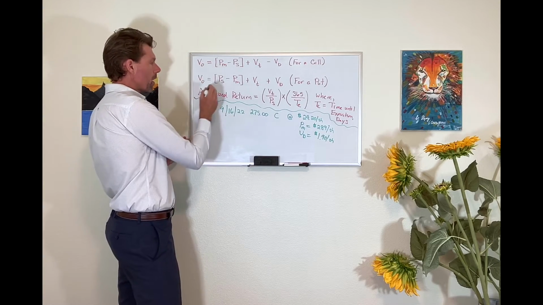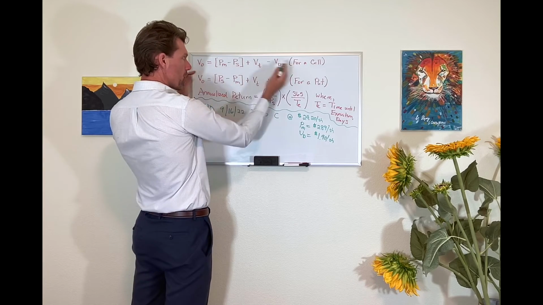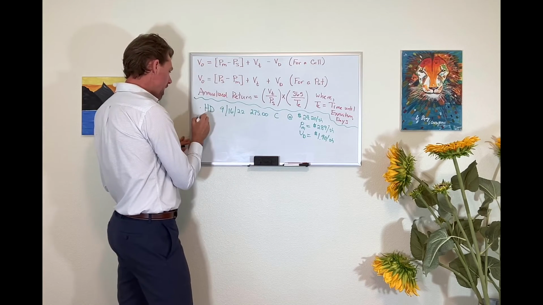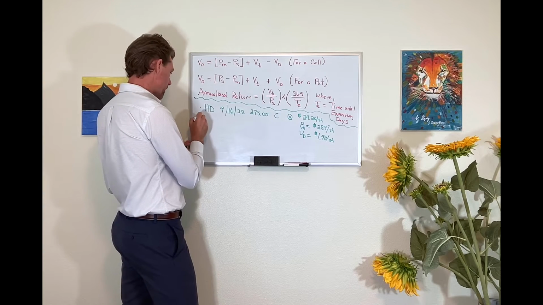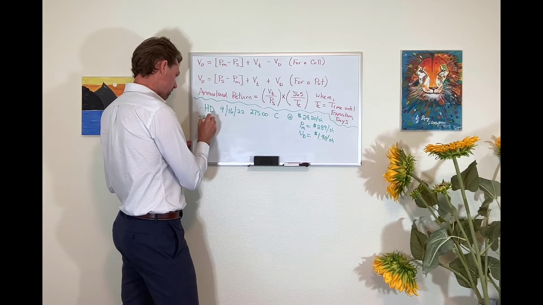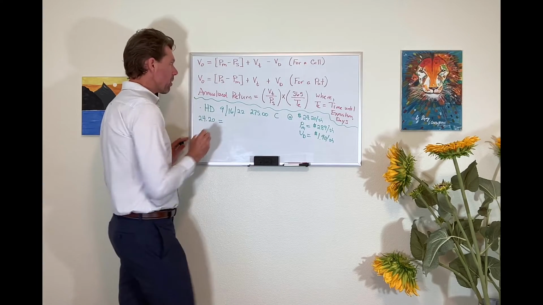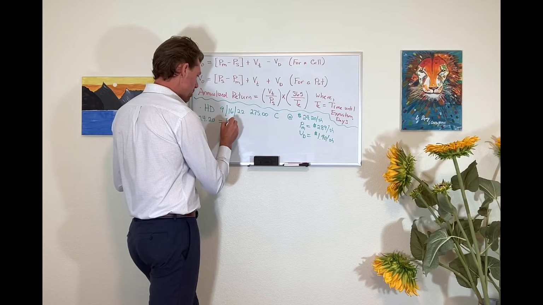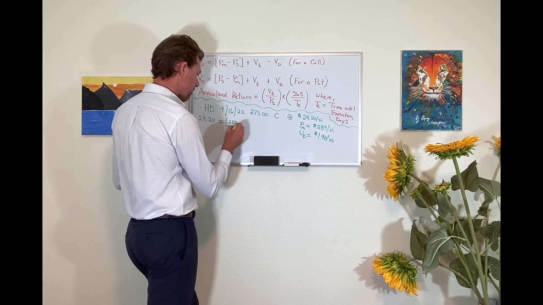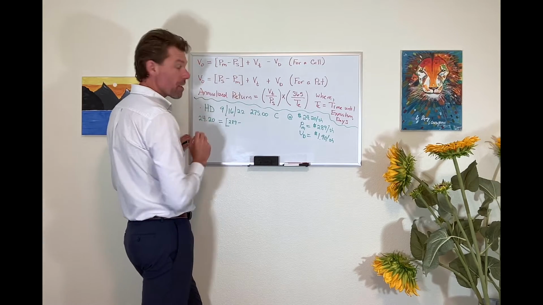Obviously this is a call again, so we're going to be using the above formula. V naught, what is V naught? Well, that's $24.20, the option value, equals PM, which is the same, 289, minus PS, which is the strike price.